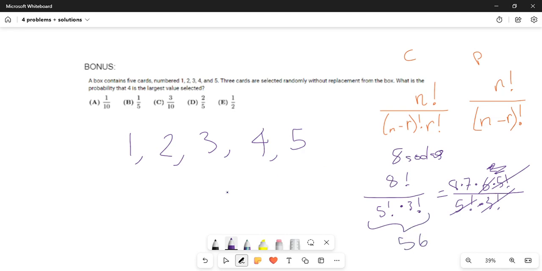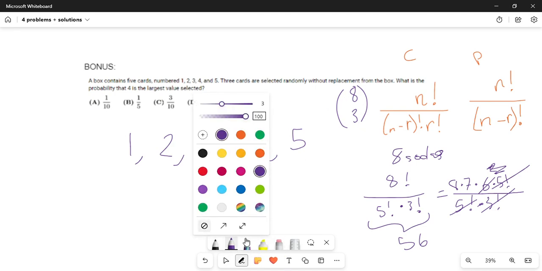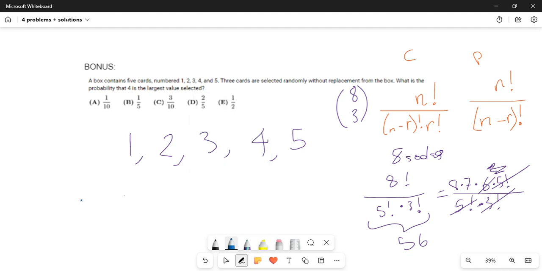When you do choose, it can also be written with parentheses, 8 and 3, but with no fraction or anything. It's just parentheses, and that indicates choosing. So now for the total number, you're choosing 3 cards out of 5.